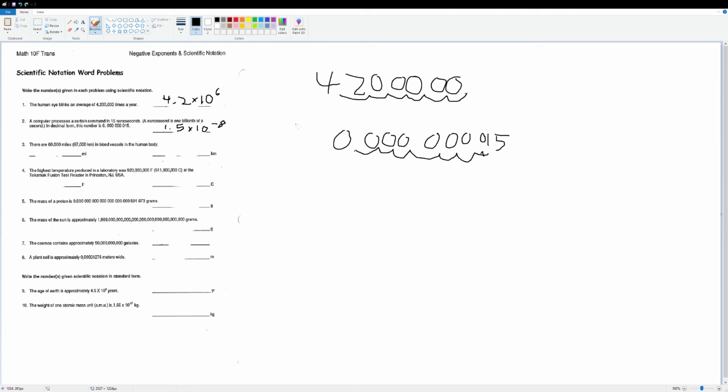There are 60,000 miles, or 97,000 kilometers, in blood vessels in the human body. So we'll take this first one here, 60,000. Write it out. The decimal point is right here, move it once, twice, 3 times, and 4 times.